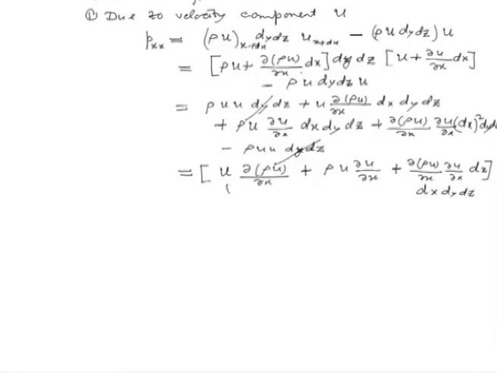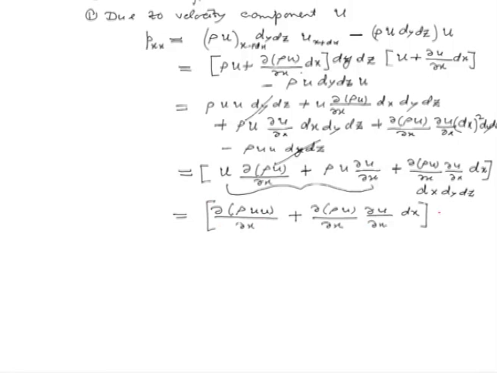First two terms can be combined as a single derivative by using chain rule. So, this can be written as del of rho u u by del x plus del of rho u over del x del u by del x dx, times dx dy dz.